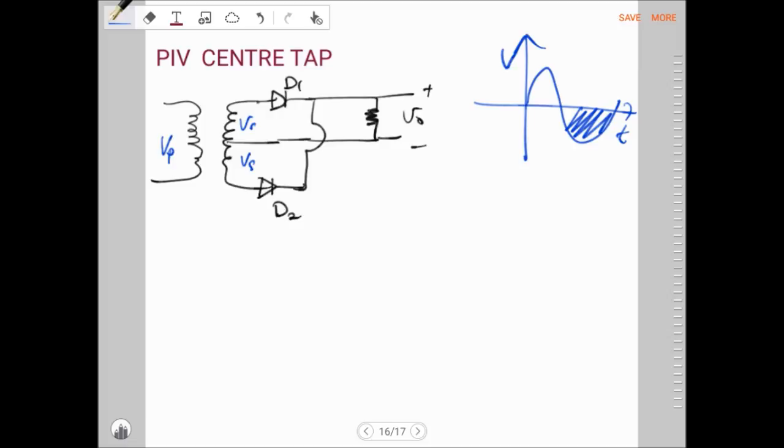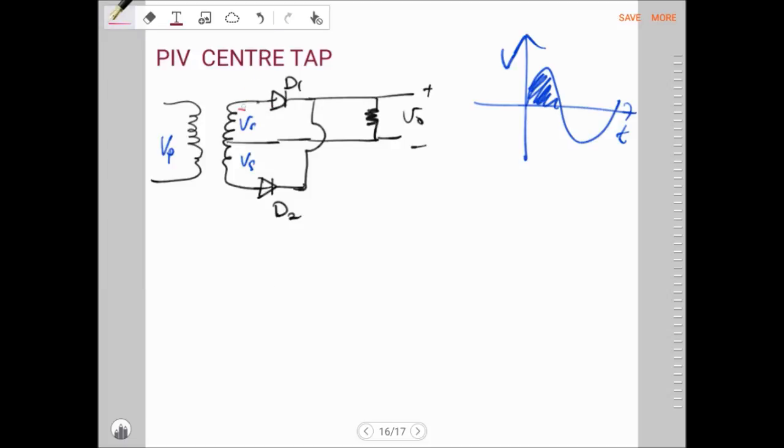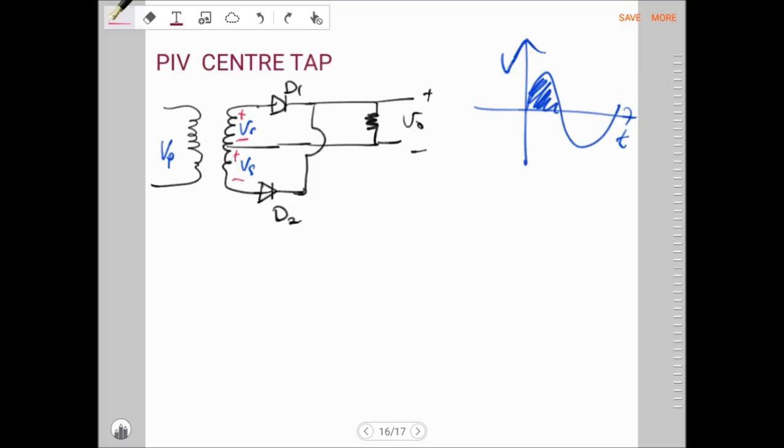But since the Centre Tap is a full wave rectifier, it doesn't matter, so let's look at the positive cycle. This will be positive here, negative here, positive here, negative here.